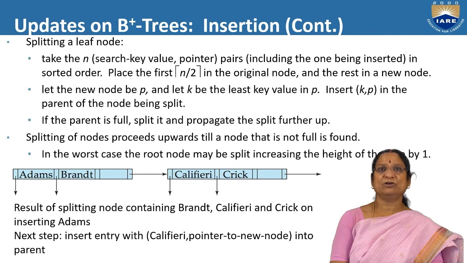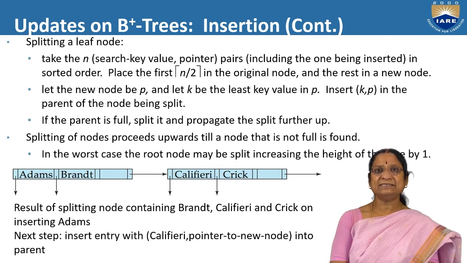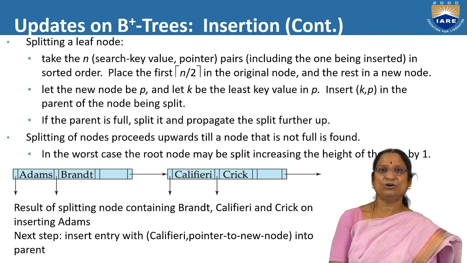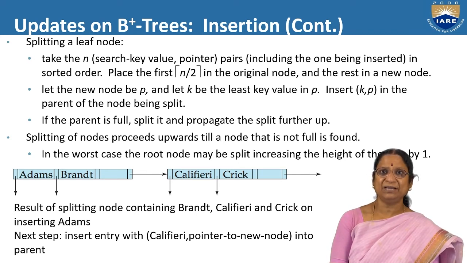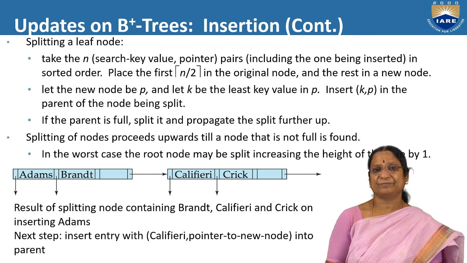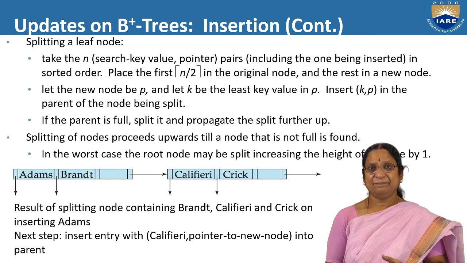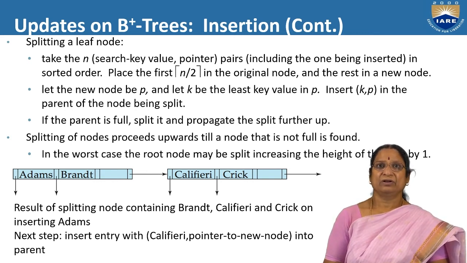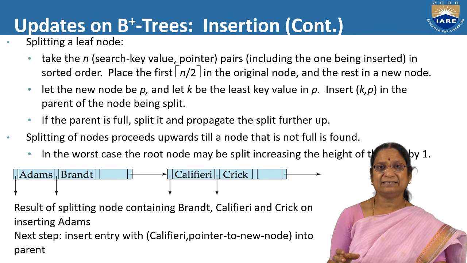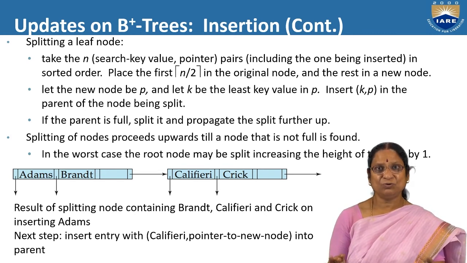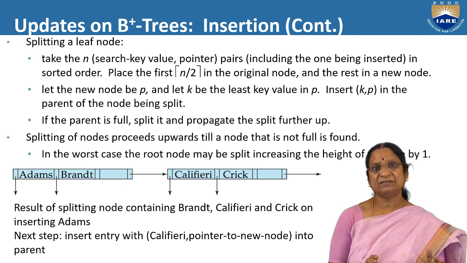What is meant by splitting of the node? For example, if there is no space in the current node, then the node is split into two nodes. Splitting means a new node is added as a neighbor to the current node. Since it is already a full node, the first 50% of the values will stay in the old node itself.